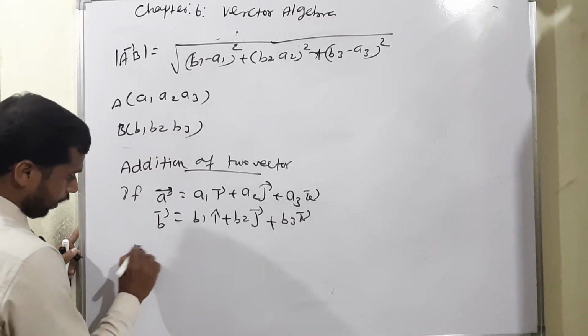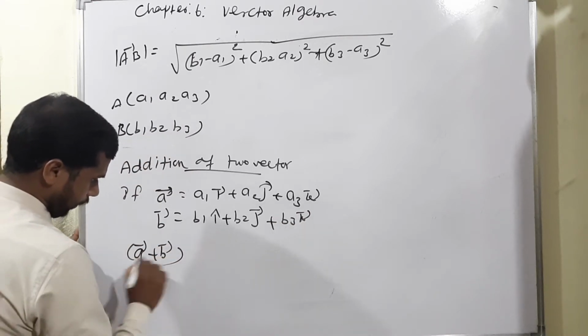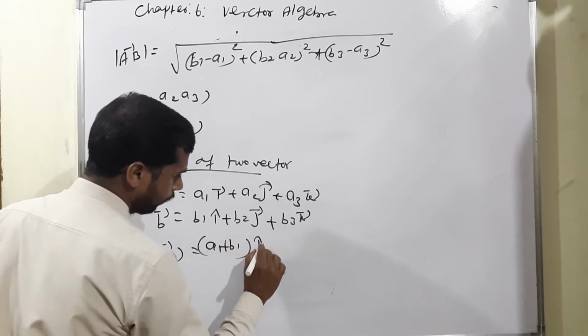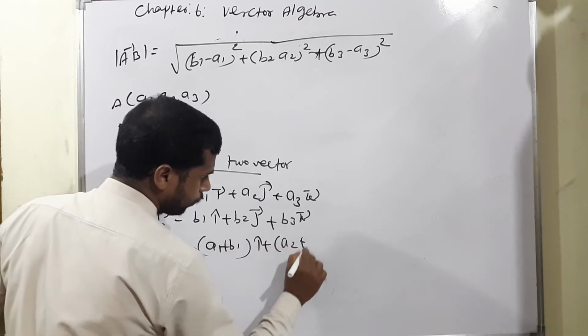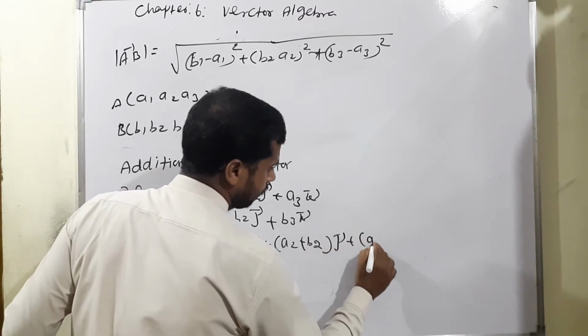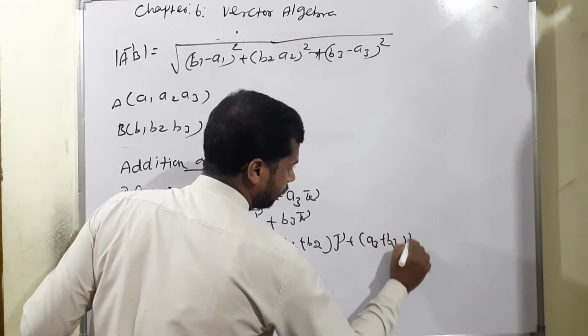Then A vector plus B vector is equal to (A1 plus B1) i vector plus (A2 plus B2) j vector plus (A3 plus B3) k vector.